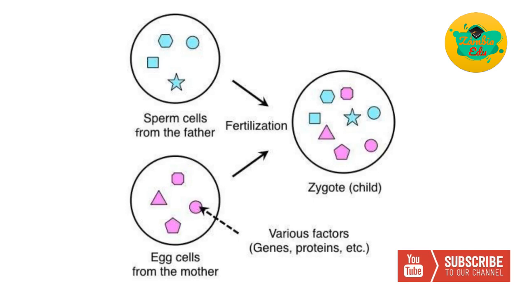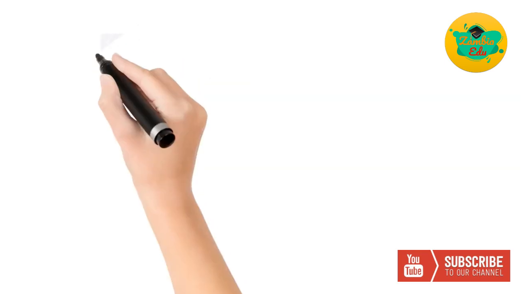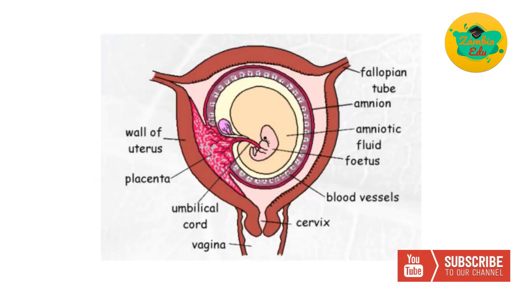Let's now take a look at the diagram that shows the zygote implanted in the uterus and the structure that develops to keep the zygote in place. So there we have it. I encourage you to know these parts of this diagram. Know the diagram, know the parts of the diagram.